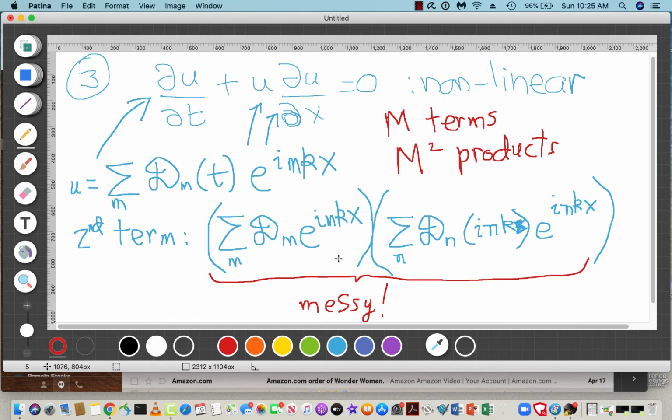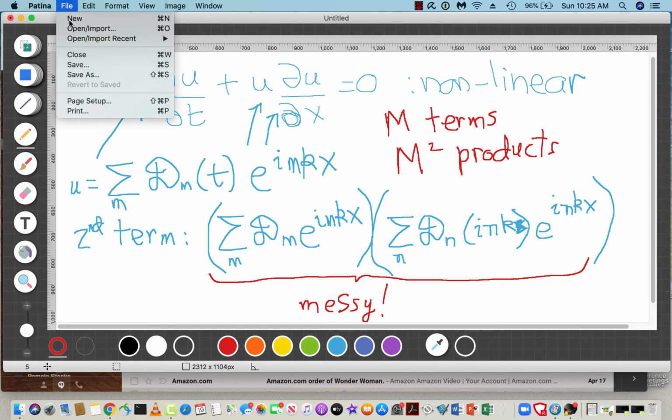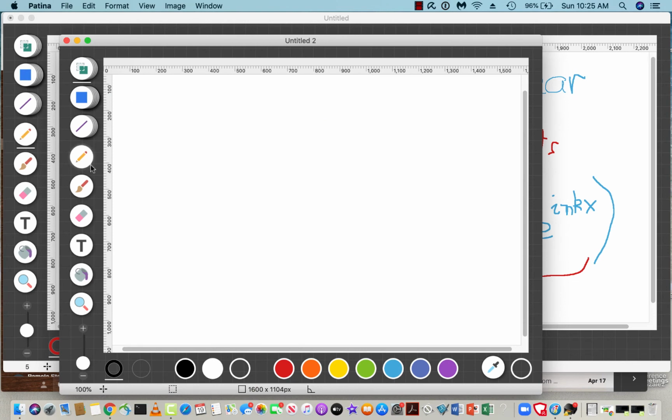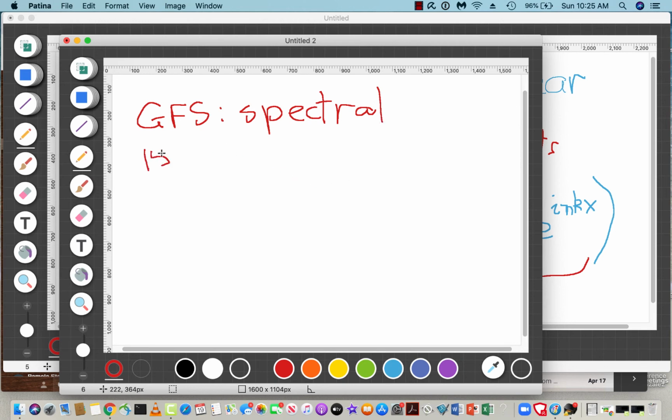In fact, let me pull up another slide and just reinforce that idea. I think this is something that we talked about in class the other day. So the current GFS model is spectral, and it has 1534 waves in it.